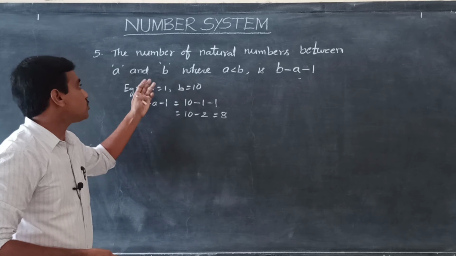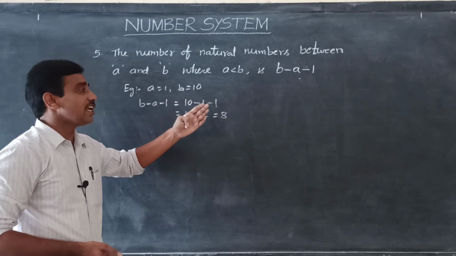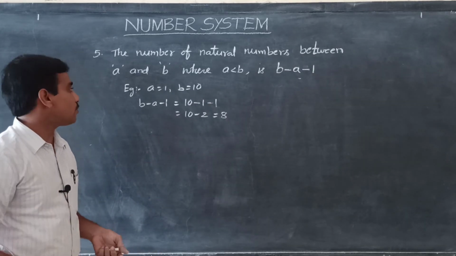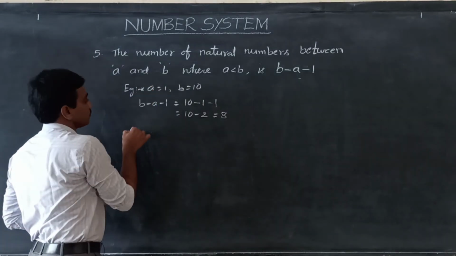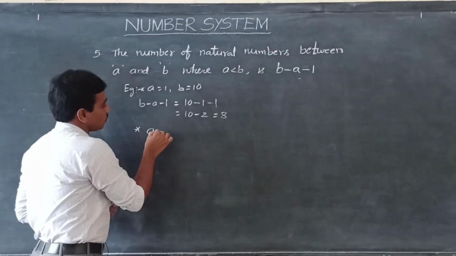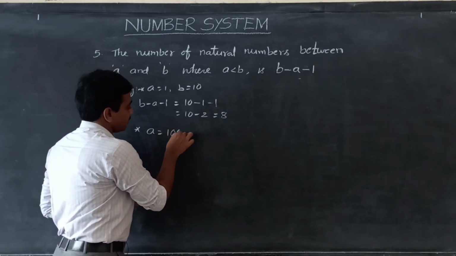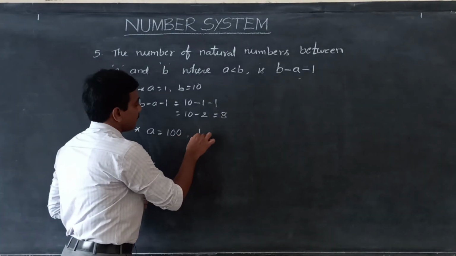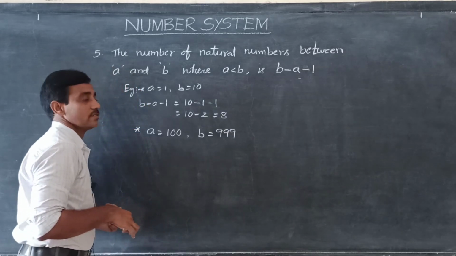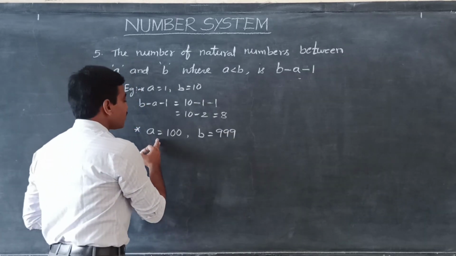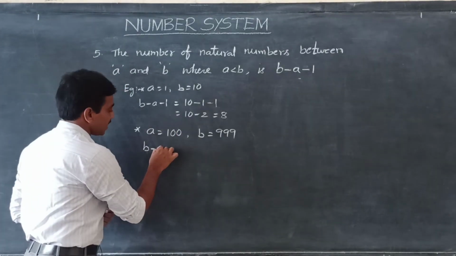So we use this formula to find the number of natural numbers between any two natural numbers. For another example, suppose A equal to 100, B equal to 999. How many natural numbers between these two? We use this formula, B minus A minus 1.